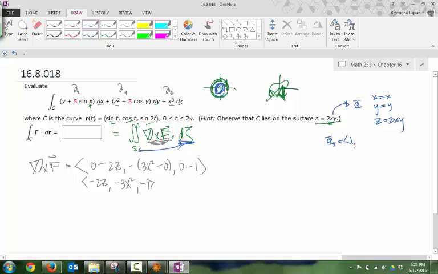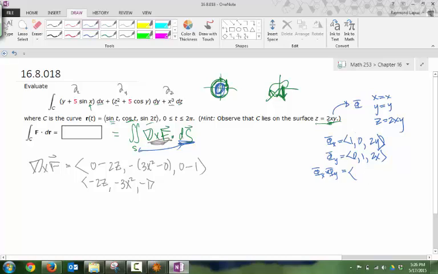So the derivative with respect to x: 1, 0, and the derivative of the third with respect to x is really the partial of z with respect to x, so that's 2y. And then with respect to y: 0, 1, and 2x. So when we cross them, we can also figure out whether we've got the appropriate parameterization orientation.